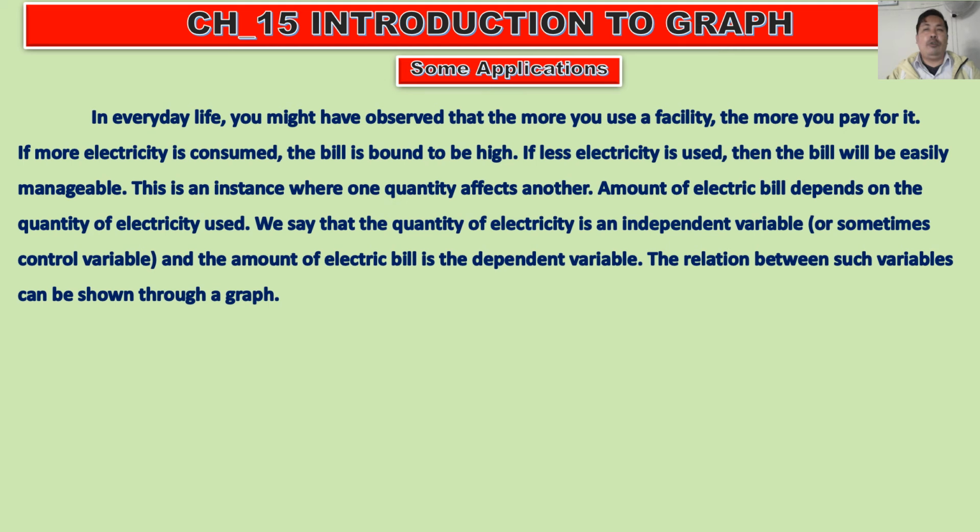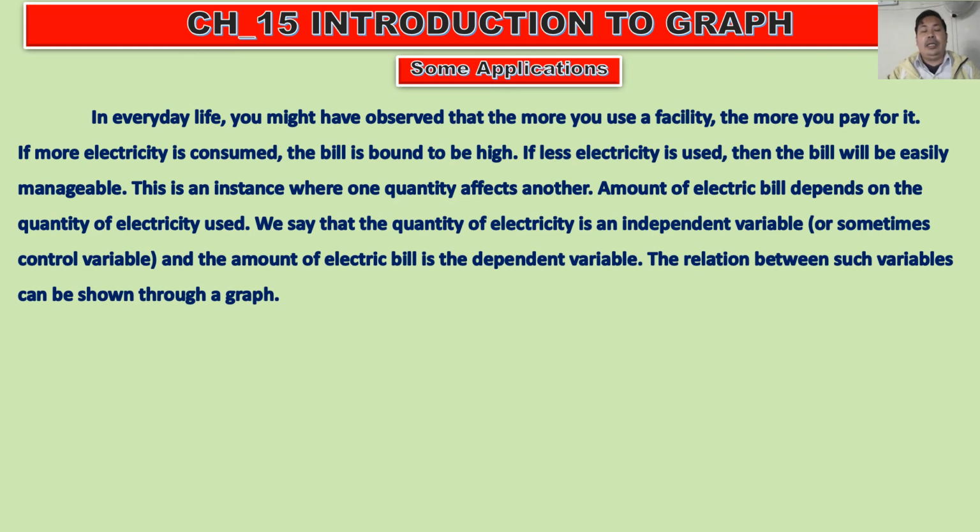If you borrow more money, then you have to pay more interest. So like this, situations are there where two quantities come out, one dependent and one independent. The amount of interest depends on the amount of money you borrowed, or the principal amount you get.